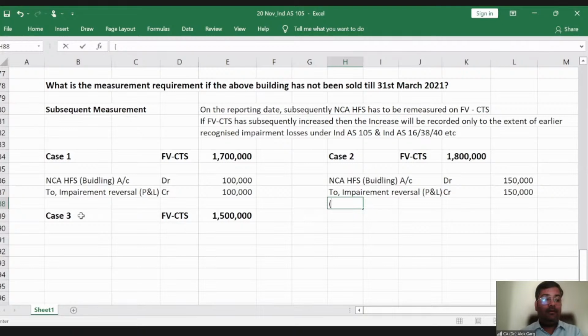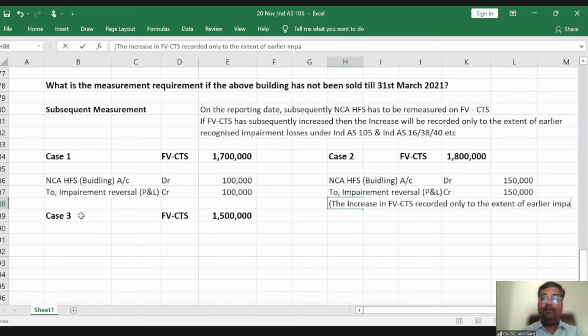So here the increase in FV less CTS is recorded only to the extent of earlier impairment loss. Earlier it was 16 lakh at the time of initial recognition of NCHFS. It was 16 lakh, but now the value is reduced to 15 lakh.